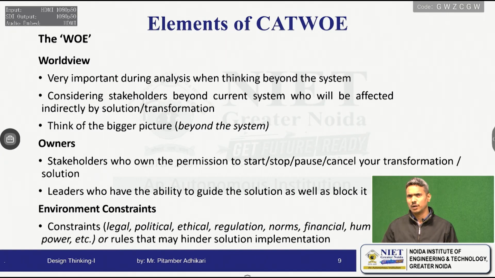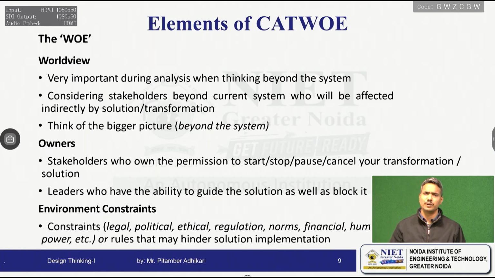In this particular part, we will have the different constraints. We also have to look at what are the different barriers, different constraints that can come in our way while we are developing or working on that problem. Those constraints may be of different categories, different types.